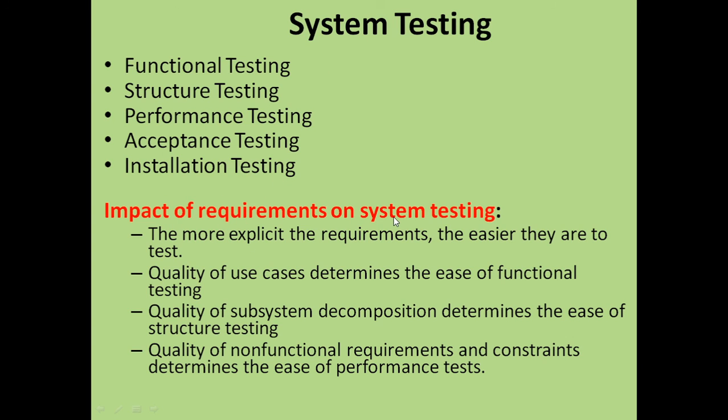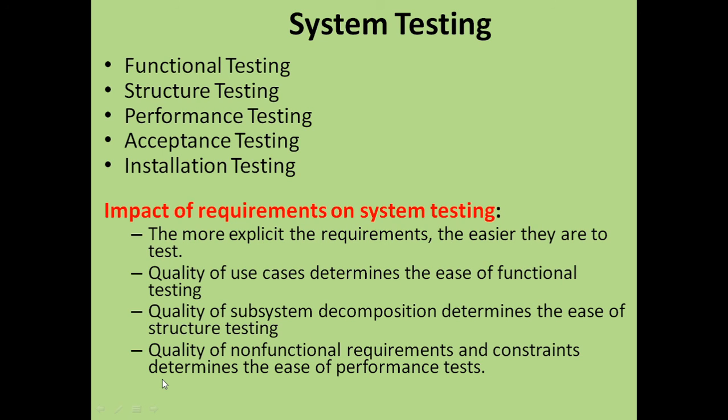Now, the impact of requirements on system testing. If the requirements are very explicit and clear, it becomes easy to test the system. Again, whether the use cases are well built or not, whether they have clarity or not, makes the functional testing easy. Then the quality of subsystem decomposition will decide whether the structure is okay or not.